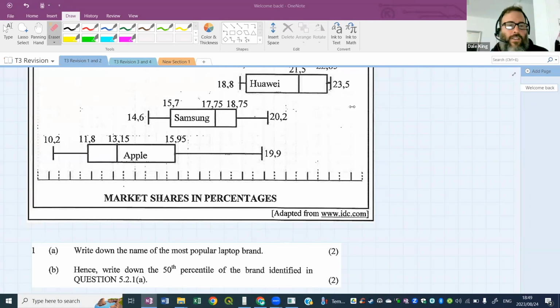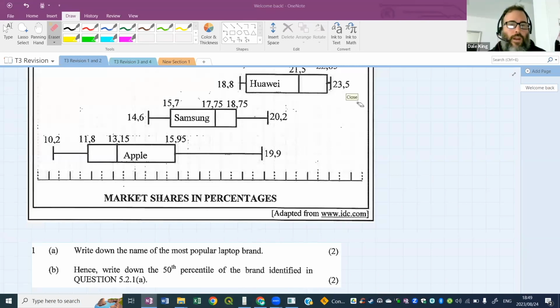Hence means therefore. Good. Hence means therefore. In other words, 1A says write the name of the most popular laptop, Huawei, therefore, which means now that you've got Huawei as an answer for the previous question, now you can do this one. So if Huawei is the most popular laptop brand, write down the 50th percentile of the brand identified. Okay, excellent, Refilo. Thank you so much.